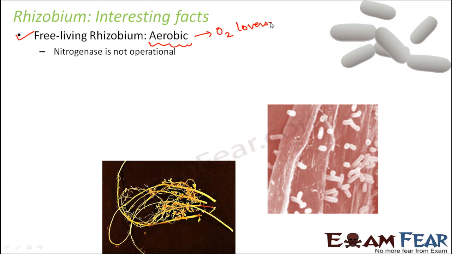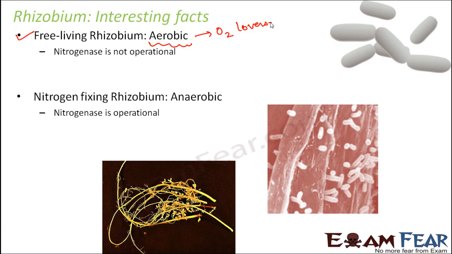It doesn't like oxygen. But when you talk about the nitrogen fixing rhizobium, the free living rhizobium can never be nitrogen fixing. Because for nitrogen fixing, there has to be the nitrogenase enzyme which has to be operational, which is not in case of free living rhizobium. So only the symbiotic rhizobium, the nitrogen fixing rhizobium which are present in the roots of the leguminous plants, only they are nitrogen fixing.